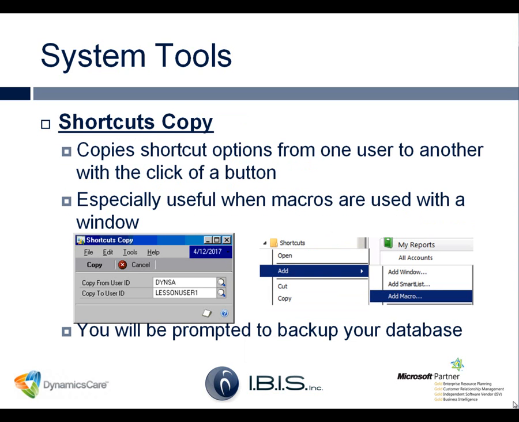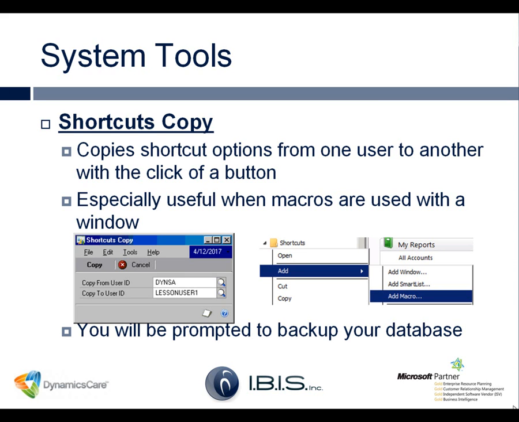Okay. This next tool is called the Shortcuts Copy, and what this tool does is copy shortcut options from one user ID to another, simply by clicking the copy button. Something like this is very effective and useful if a user has a shortcut available that's a macro, which could take some time to create.